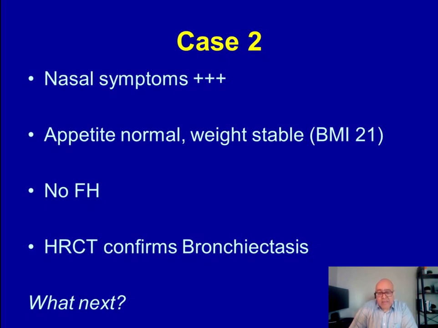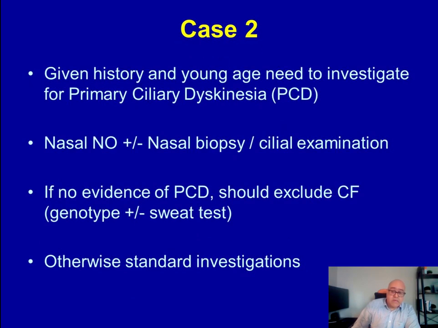So the next steps really need to be excluding or proving a diagnosis of primary ciliary dyskinesia. The way that we do that is nasal nitric oxide, and that's our first step in terms of investigation. If that test is abnormal, then patients will go on to have a nasal biopsy and ciliary examination.